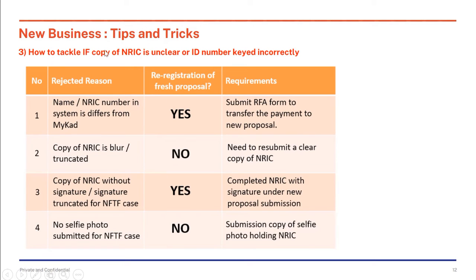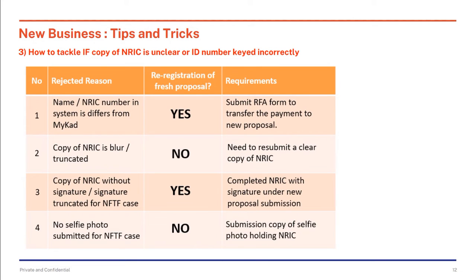Okay, for the first scenario, if you notice that the name or the NRIC number in the system is different from the MyCard, maybe you keyed in already. So noted that maybe one of the IC numbers is supposed to be 1, but you keyed in accidentally as 7. So the system already captured, right?